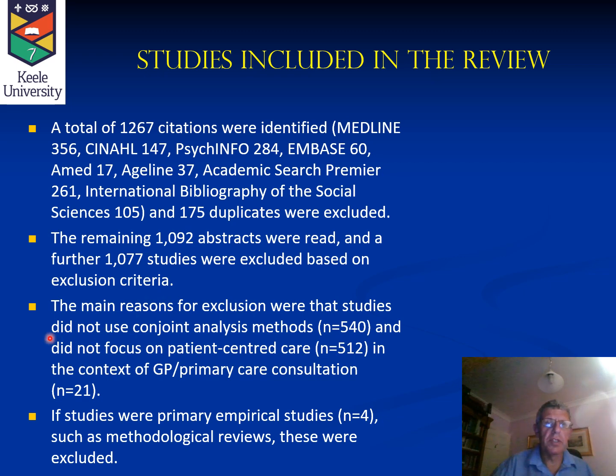The main reasons for exclusion were that studies did not use conjoint analysis, did not focus on patient-centered care, and they weren't in the context of GP primary care consultation. If the studies were primarily non-empirical studies, such as methodological reviews, these were also excluded.